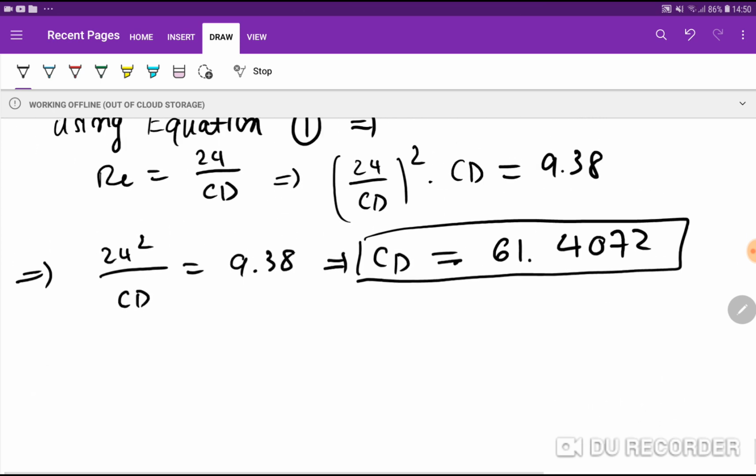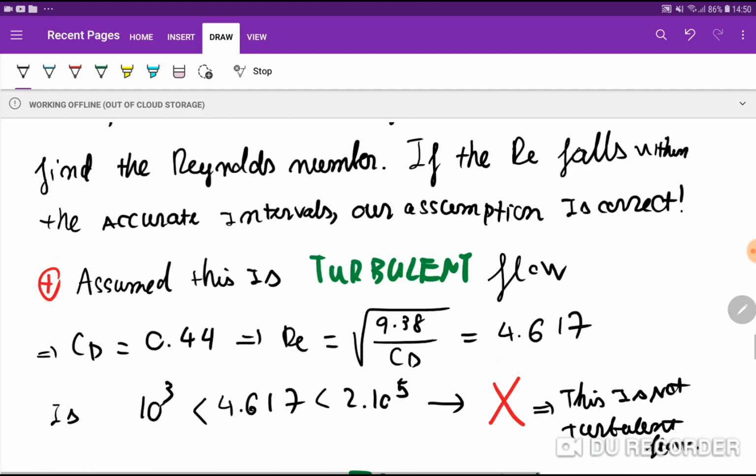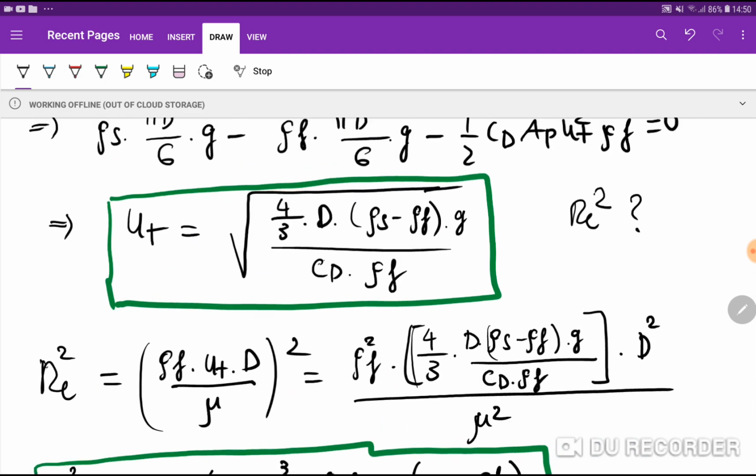Okay. Lastly but not least, let's finalize UT. Okay, let's find UT now. Remember UT. Let me see, what is UT? Let me copy that formula for y'all. Where's that beautiful formula? Ah, there we go.